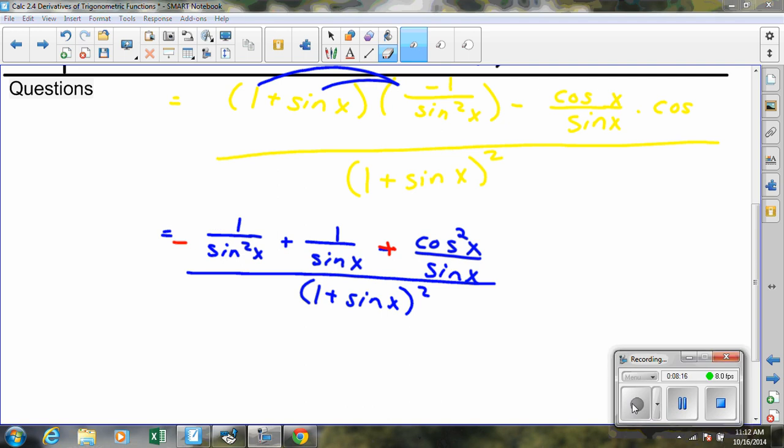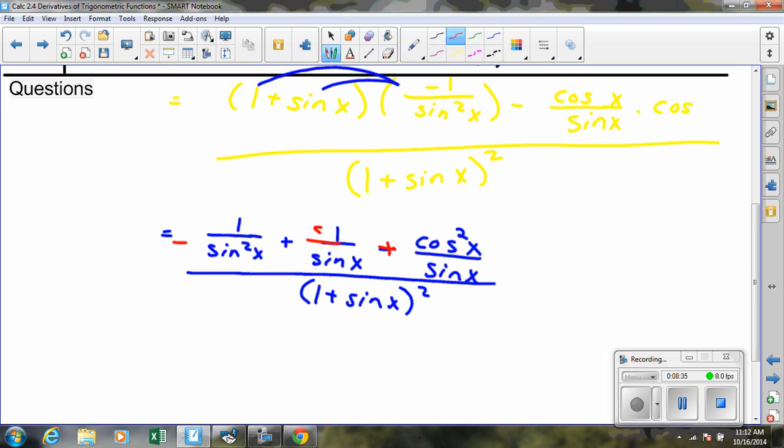And we could note this one further by recognizing that with the sine denominators in the overall numerator, we could rewrite this one as sine of x over sine squared. Then we'd have cosine times sine over sine squared.